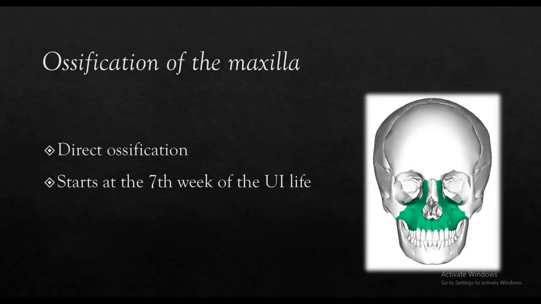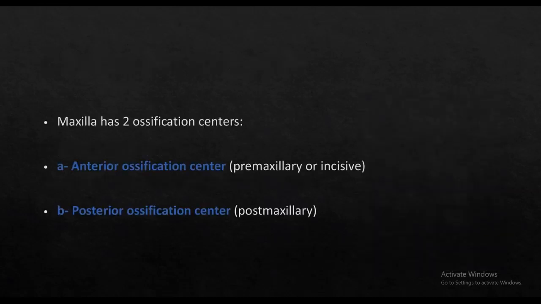The ossification of the maxilla is characterized by direct ossification that starts at the 7th week of intrauterine life. The maxilla has two ossification centers, the anterior ossification center and the posterior ossification center.